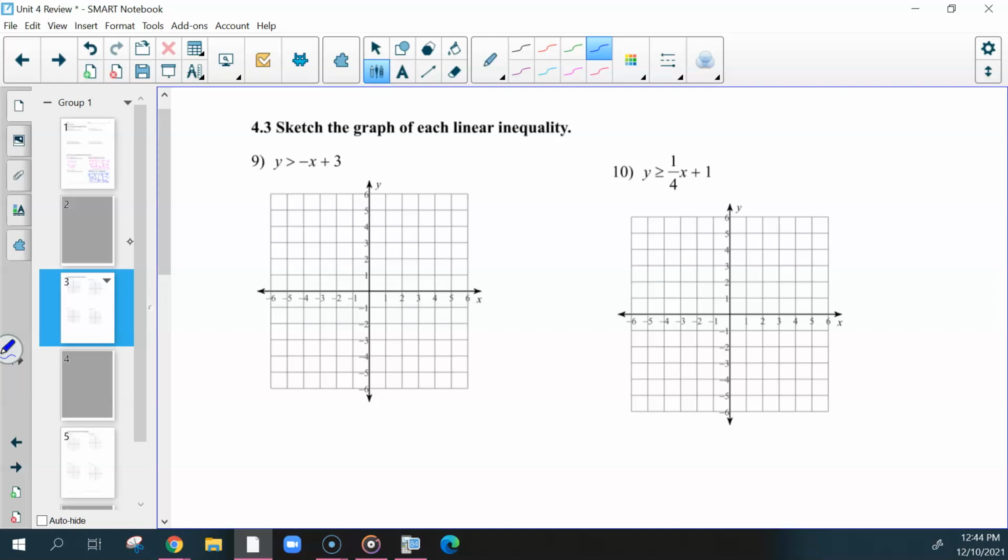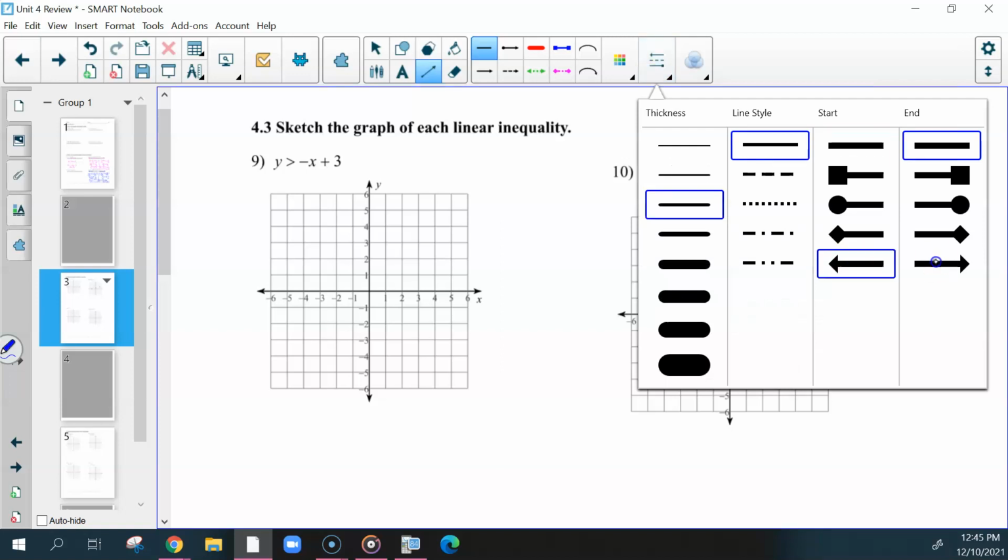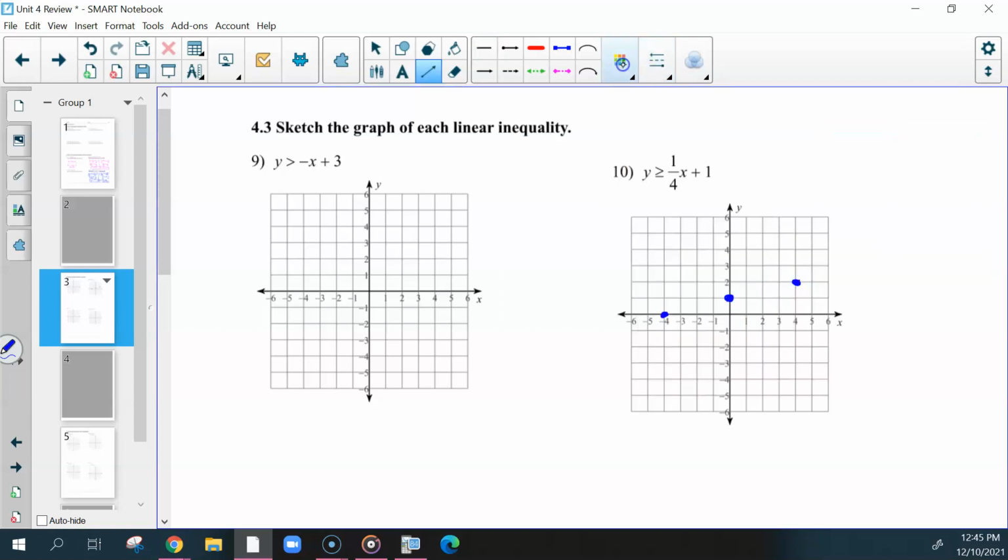And we need to start graphing this like normal. Plot our y-intercept at positive 1. Our slope is positive 1/4, so we're going to go up 1 to the right 4, and down 1 to the left 4. Would this be a dashed or a solid line? Solid, because it's equal to.